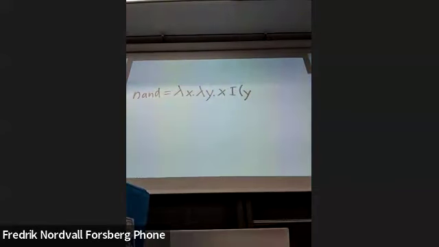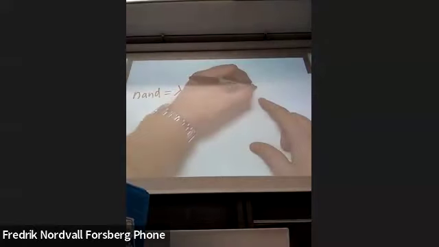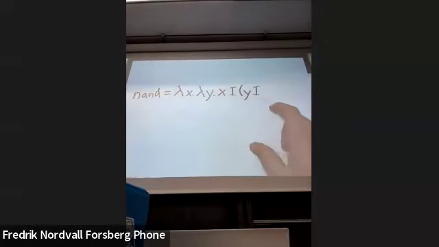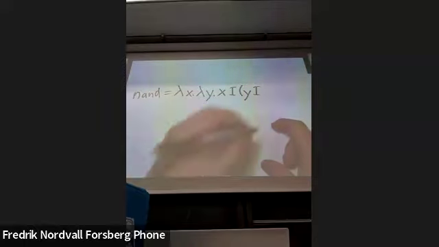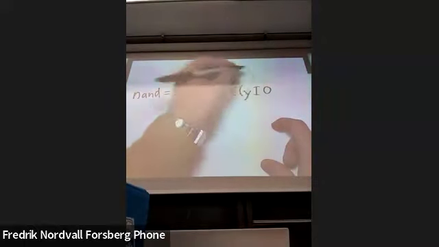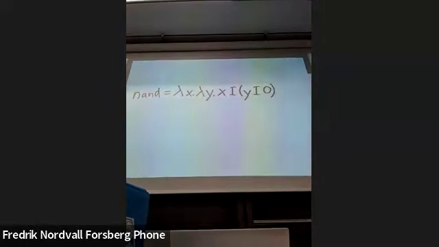If x is true, then if y is false, we also give out I. But if y is also true, then we should give out O. So basically we can pretty much write down truth tables with this encoding.